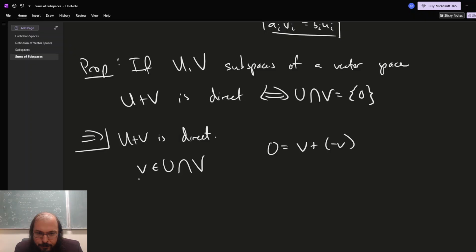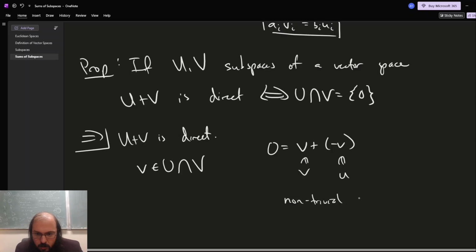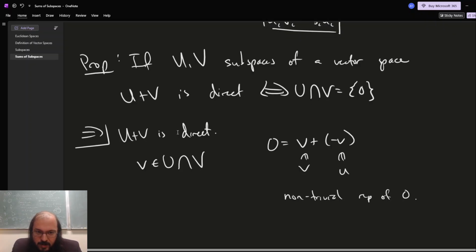On the other hand, if v is in U intersect V, then I regard this thing as living in V and this thing as living in U, or the other way around. I guess it doesn't matter. And that gives a non-trivial representation of 0, which I'm not supposed to have. And so therefore, this is a contradiction, or maybe said the other way around, I could think of this as a proof of the contrapositive. Namely, if there's anything not 0 in here, then this construction shows that this sum is not direct.